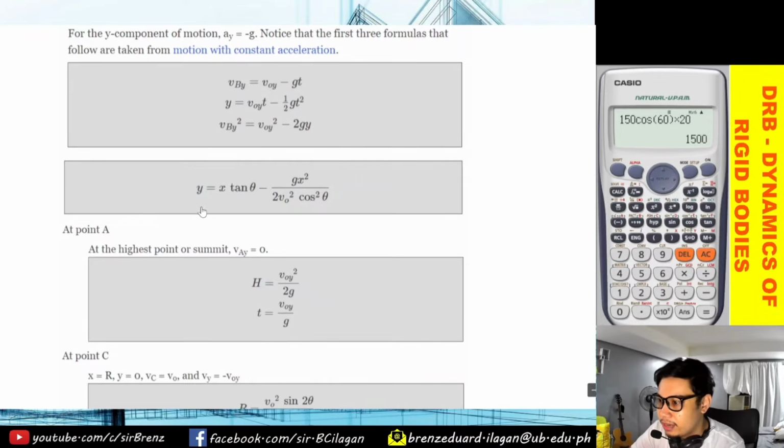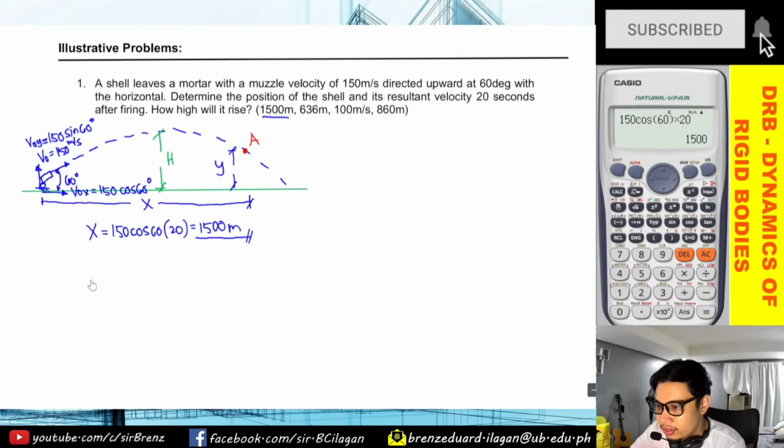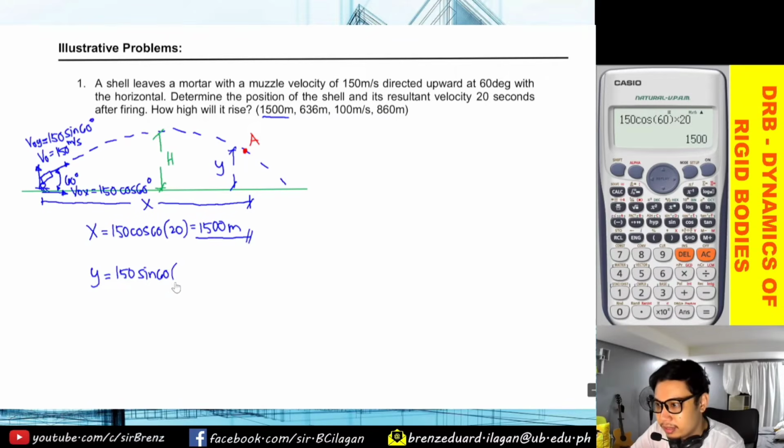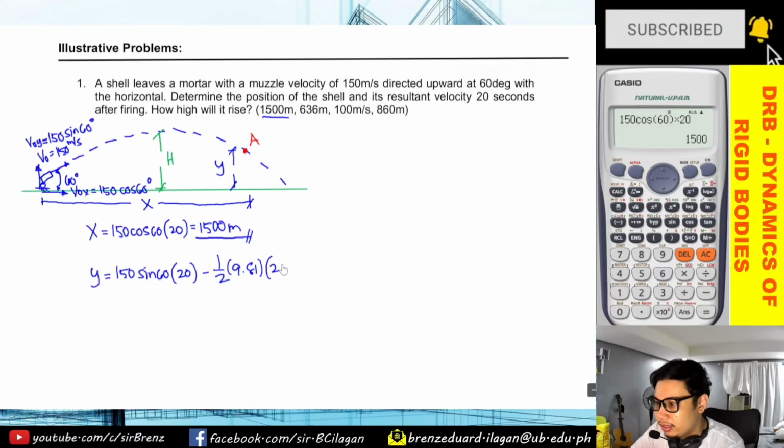Okay? So, unahin muna siguro natin ito. Mas gamitan natin ng derived formula. So, to get that y, again, that is equals lang sa V0y, or that is 150 sine 60, and then multiply by the time na 20. So, minus 1/2 of g na 9.81, and then 20 squared.